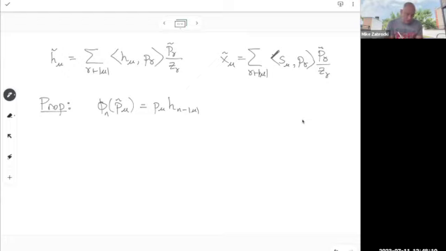The Frobenius image for any n of P mu tilde is P mu times Hn. In other words, you're inducing up to the trivial. So this is considered like a trivial thing that's coming in here. Phi n of H mu tilde is H mu Hn minus size of mu.